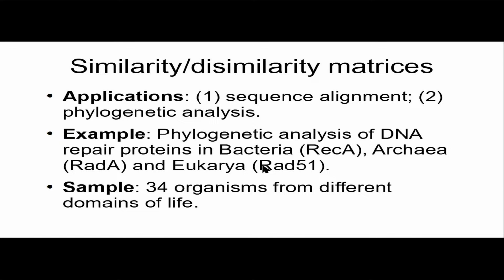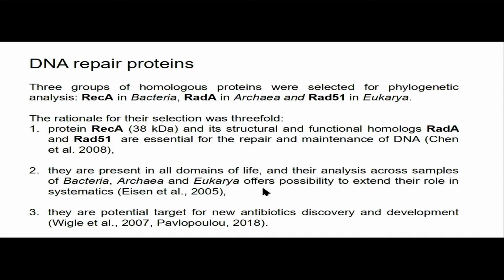So RecA is a phylogenetically conserved protein in all bacteria, archaea, and eukaryotes. Without it, there is no life. You cannot repair DNA, so DNA breaks are not repaired. A sample of 34 organisms from different domains is used.